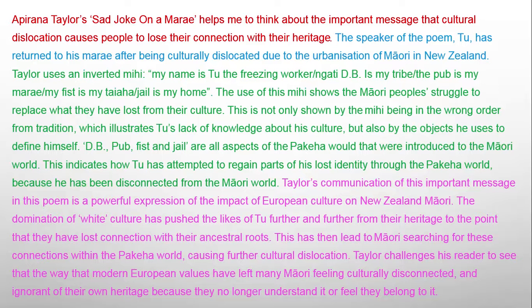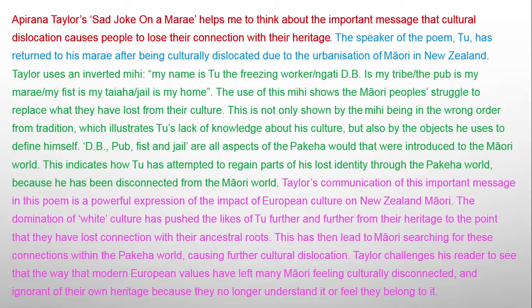This is not only shown by the mihi being in the wrong order from tradition, which illustrates Tu's lack of knowledge about his culture, but also by the objects he uses to define himself. DB, pub, fist, and jail are all aspects of the Pākehā world that were introduced to the Māori world. This indicates how Tu has attempted to regain parts of his lost identity through the Pākehā world because he has been disconnected from the Māori world.